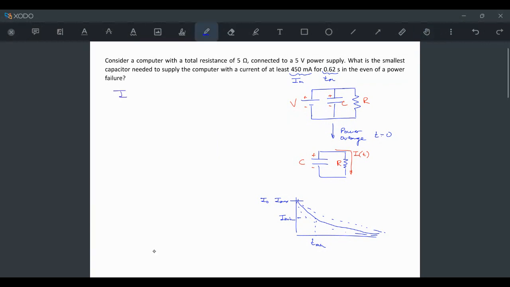So the current is just going to be equal to some maximum initial value, which I'll call I naught, times the exponential of minus t divided by RC.